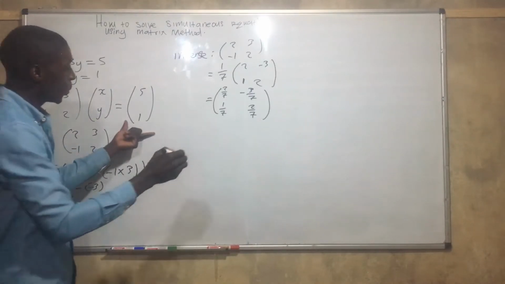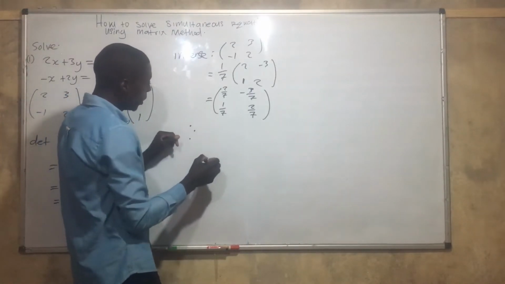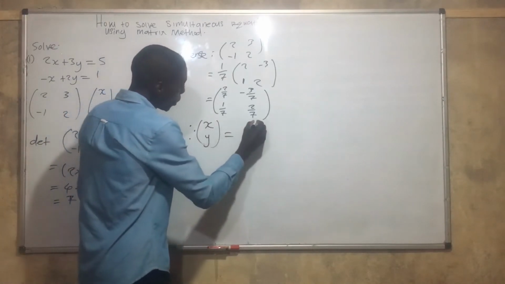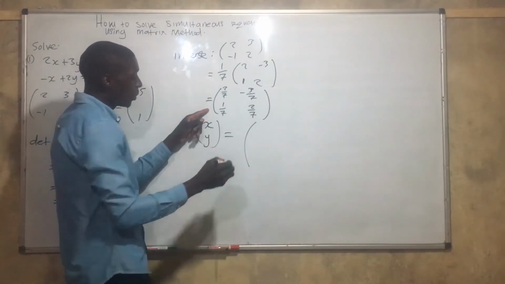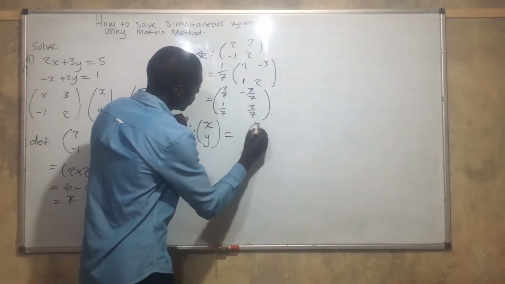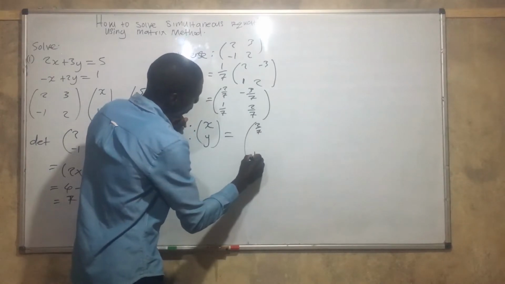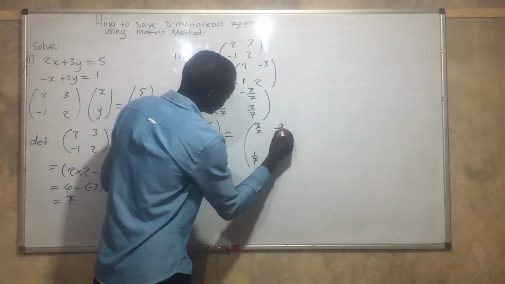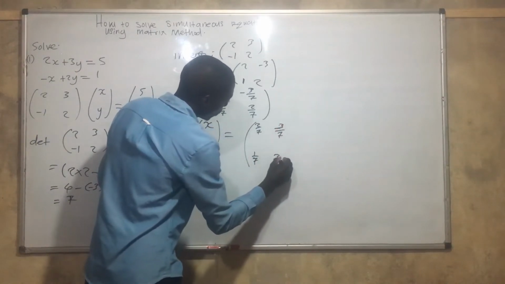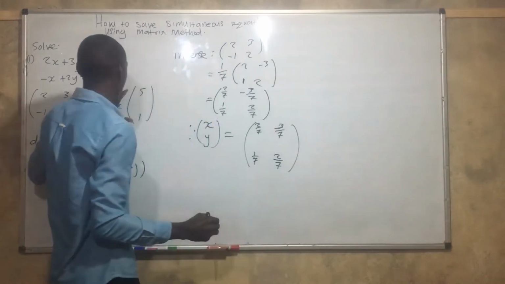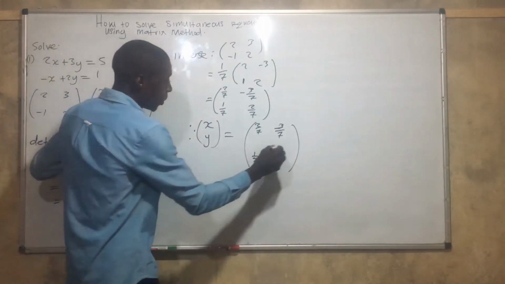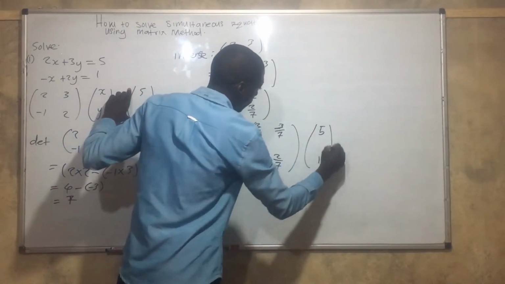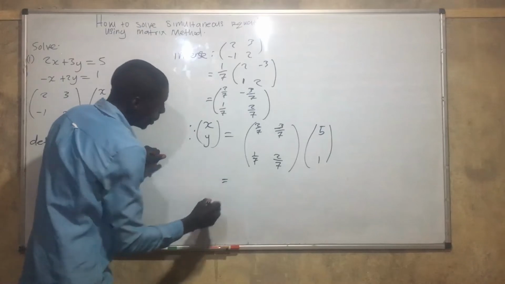So x y will be equal to the inverse that we found, which is 2 over 7, then negative 3 over 7, and 1 over 7, 2 over 7, multiplied by the original numbers the equation was equated to, which are 5, then 1. Then we are going to multiply this.